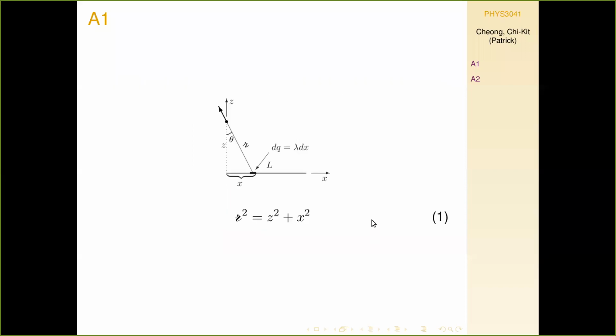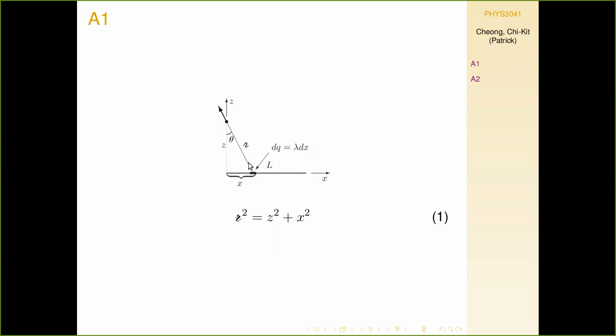Again, for every physical problem, the first thing you need to do is to formulate your problem correctly, and then of course put your problem in some appropriate coordinate. For example, we set the vertical axis here as the z-axis, and the horizontal axis as the x-axis.